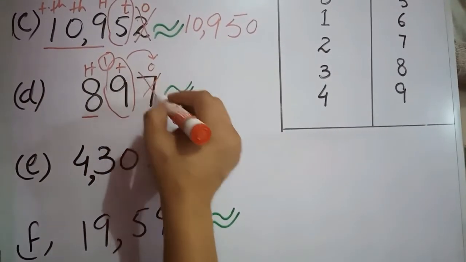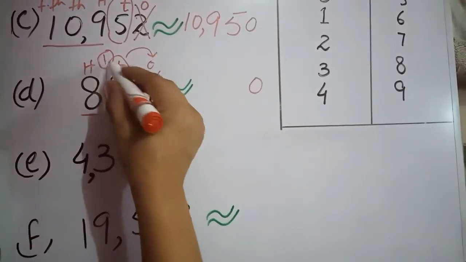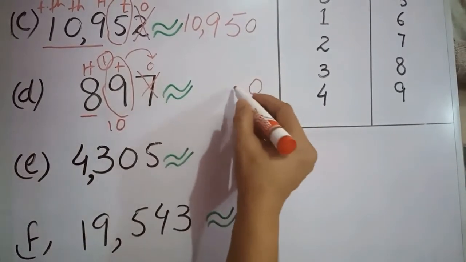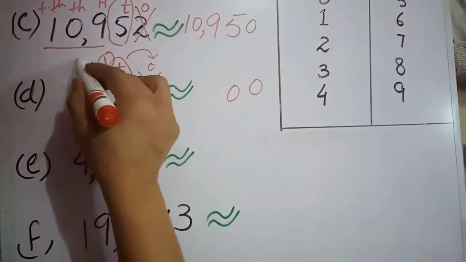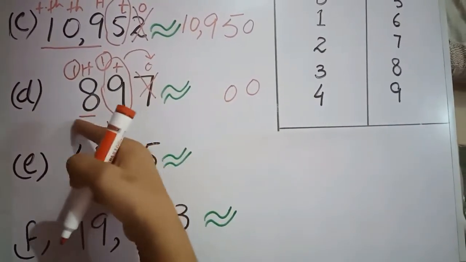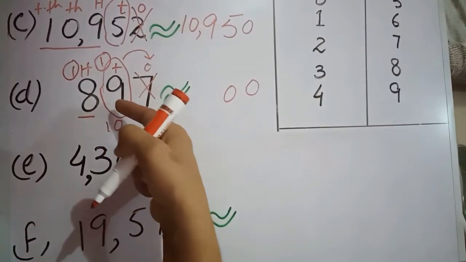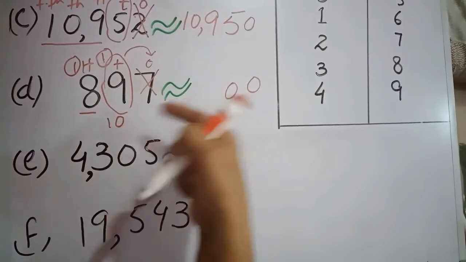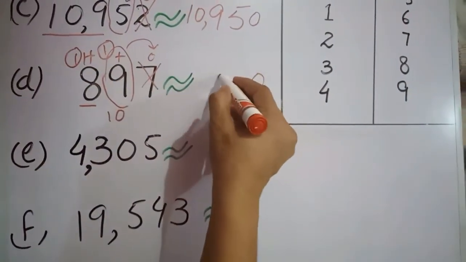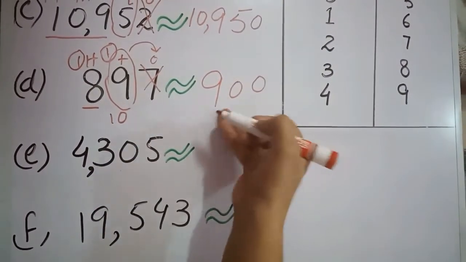The 7 will vanish to make 0, and 1 plus 9 will become 10. Instead of 10 we will put 0 here and carry 1 onto the 8. This is a special case: when it was 10, then 0 is here and 1 goes onto 8 to make it 9. After rounding off you will have the number 900.